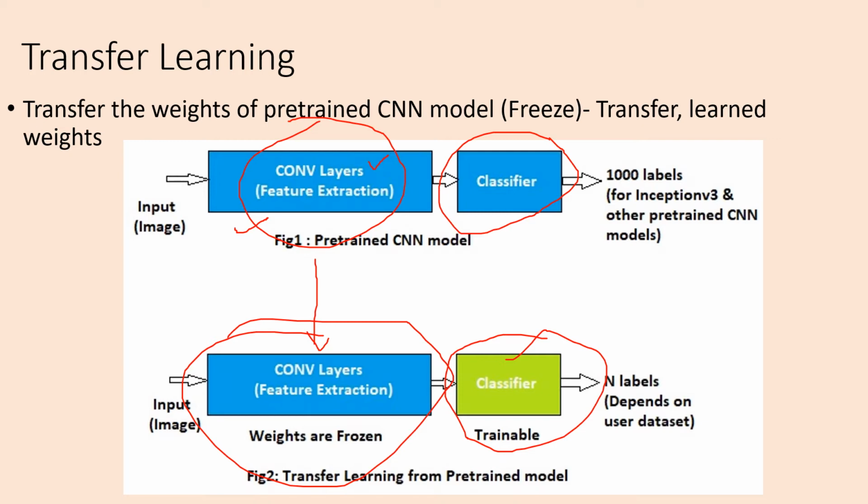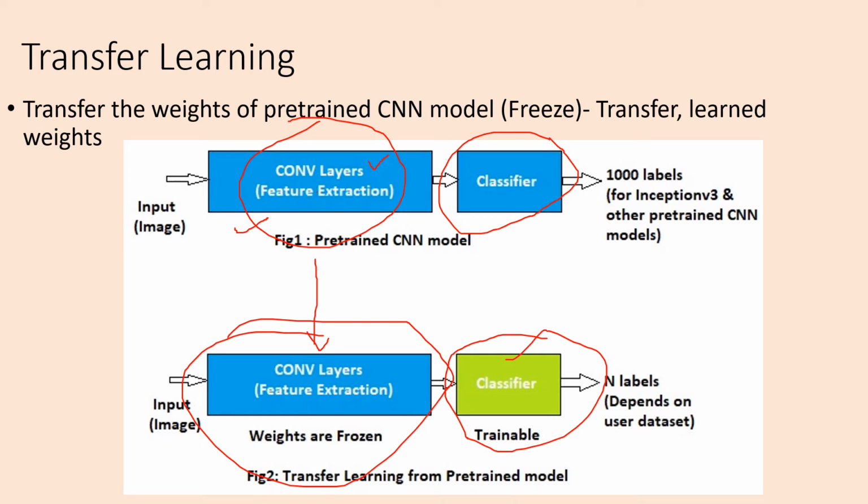I have shown it in blue color. That means the convolutional layer weights or parameters need not be changed; you don't have to train the feature extraction part. You just have to modify the classification part. You can remove the older layers and replace them with new ones.